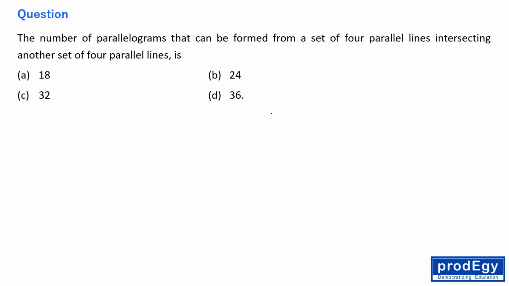Okay, the number of parallelograms that can be formed from a set of 4 parallel lines intersecting another set of 4 parallel lines. See everyone, this question belongs to permutation and combination, right?